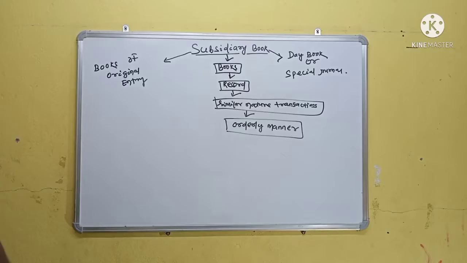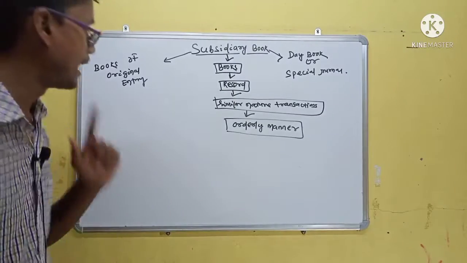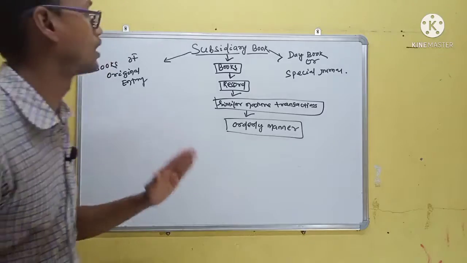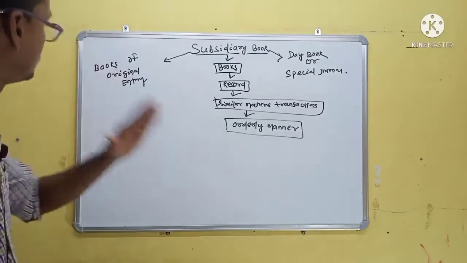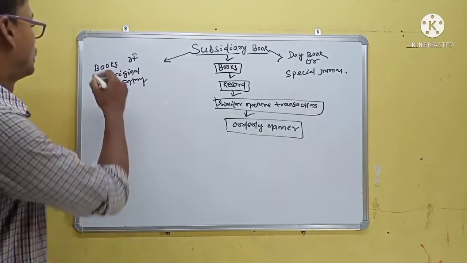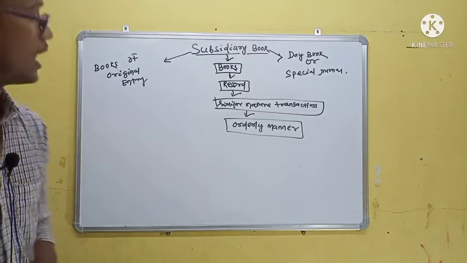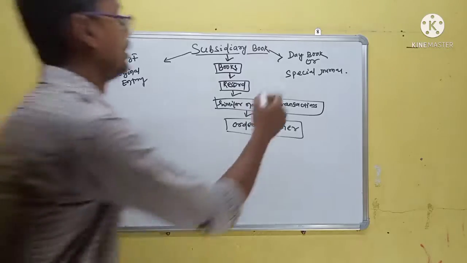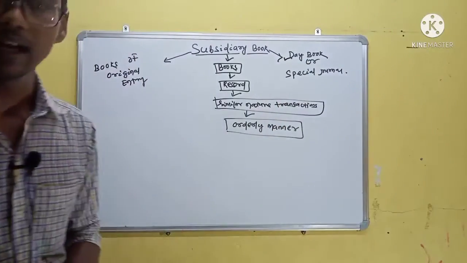Overall, subsidiary books are the books that record only similar nature transactions in an orderly manner, they are the books of original entry, and they are otherwise called the day book or special journal.